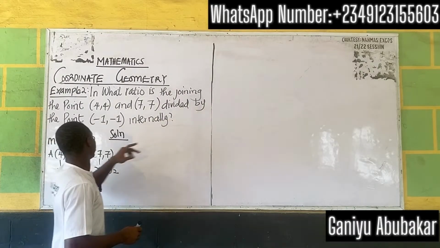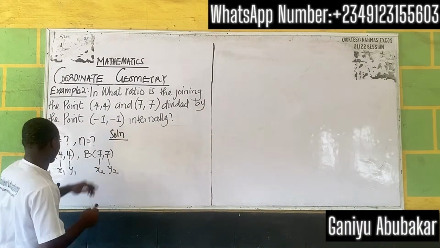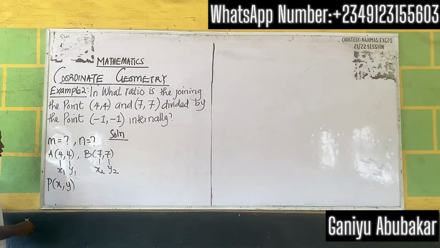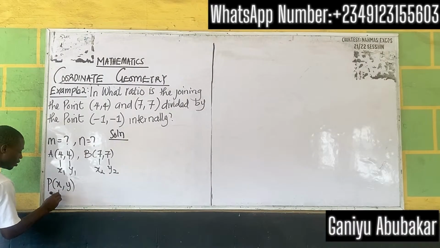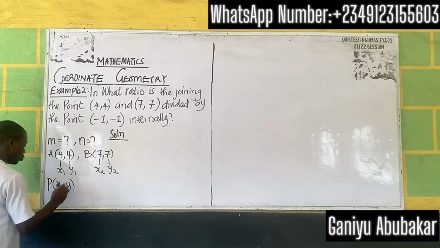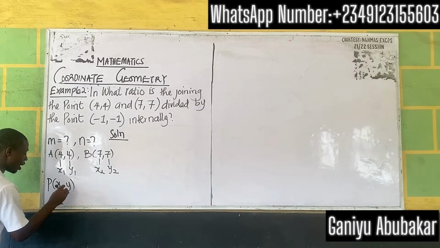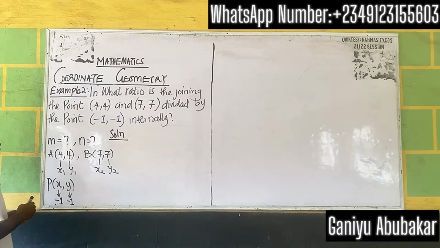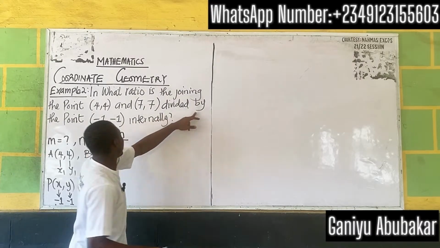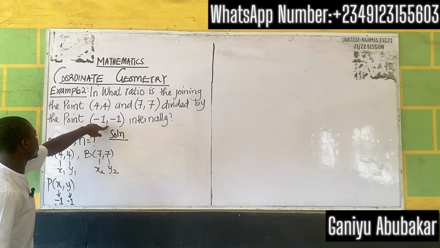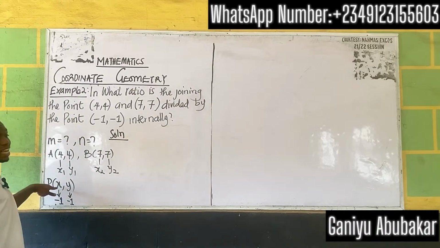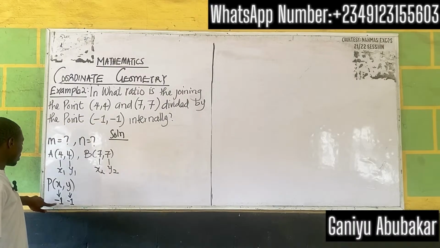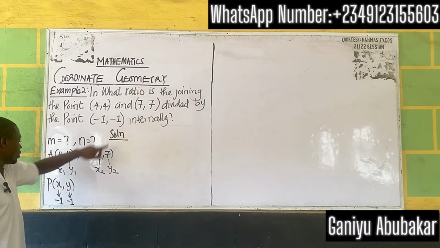Divided by the point P of x comma y, so x is negative 1 and y is also negative 1.